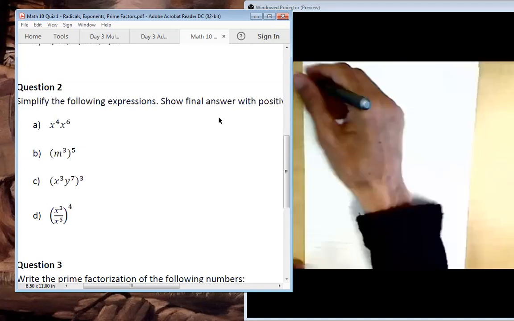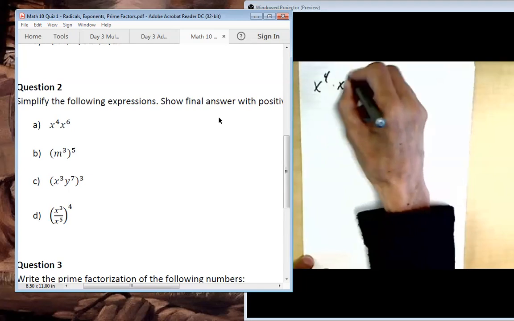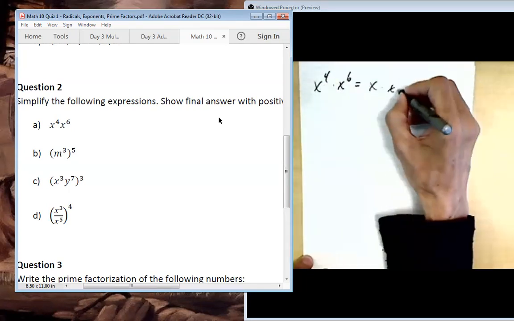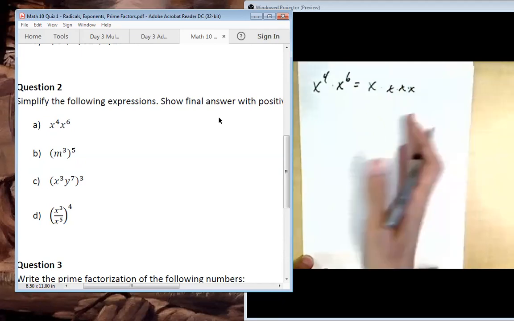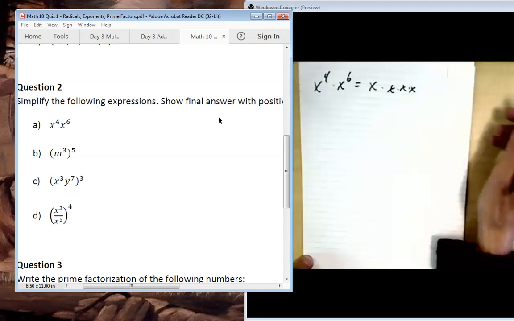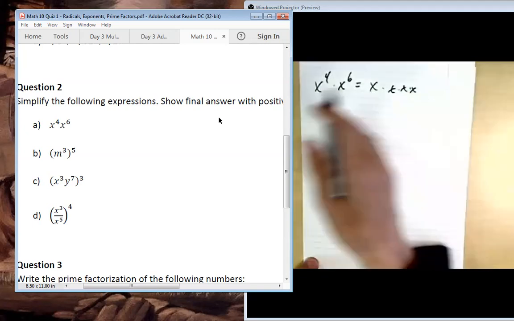Now, as a reminder, this 4 means there's 4 x's all multiplied together, so expand that out in your head. And same with the 6, there's 6 of these x's all multiplied together.